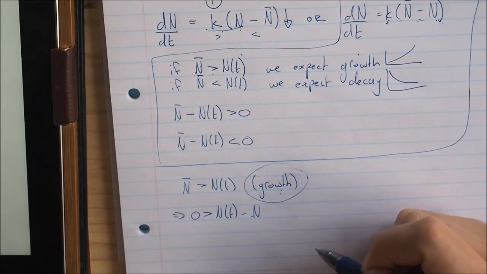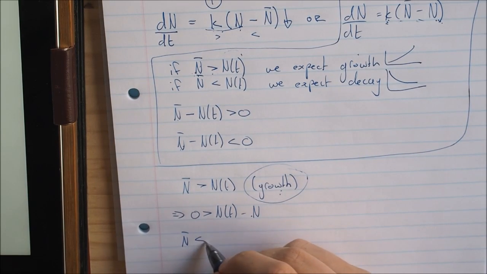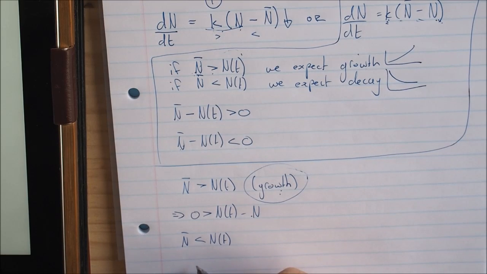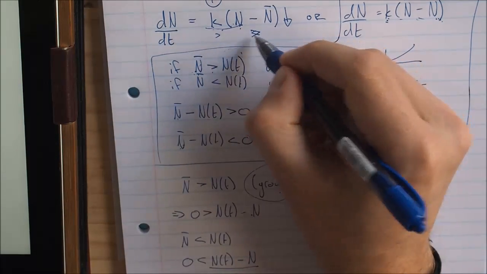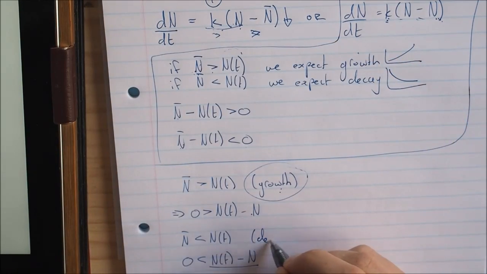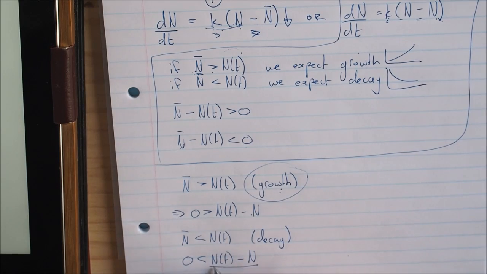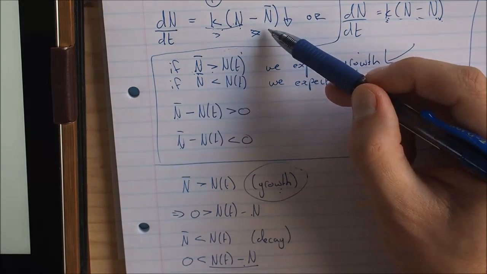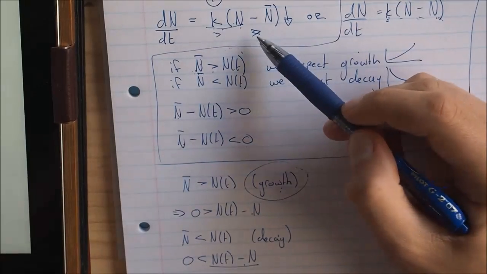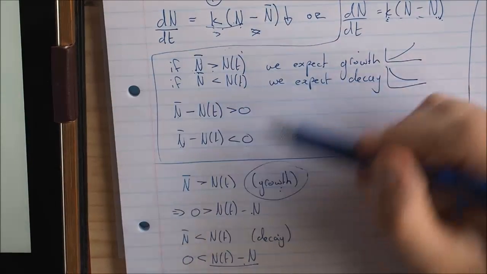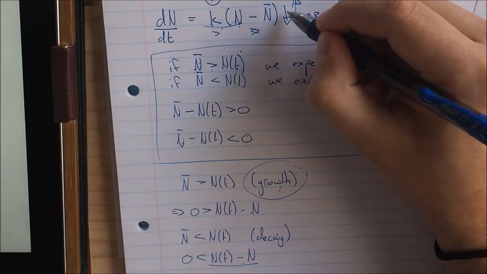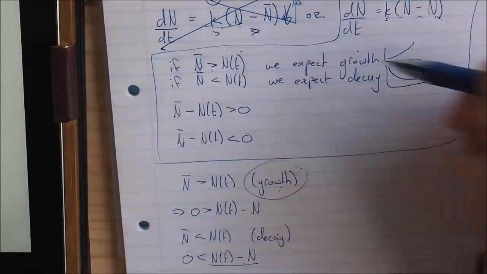It's the opposite of what we want. Similarly, if n bar is less than n of t, then 0 is less than n of t minus n bar, so this is positive. In this case we wanted decay, but this model will tell us that it would be growing. So we know that model 1 is not it.